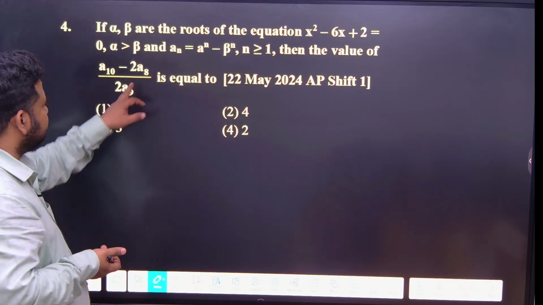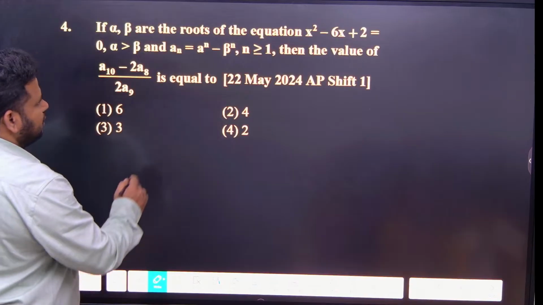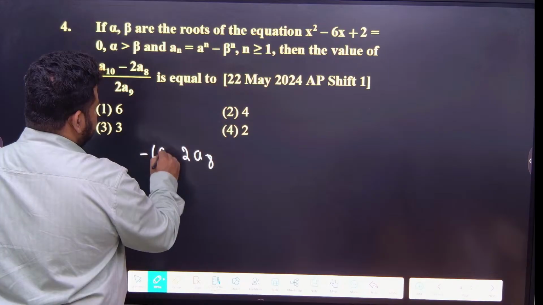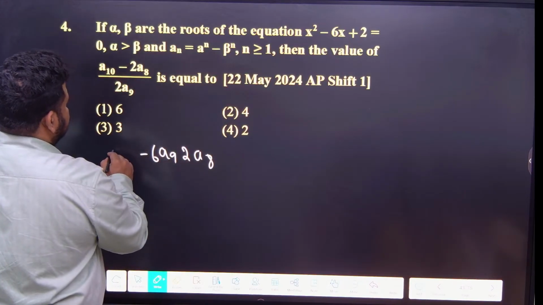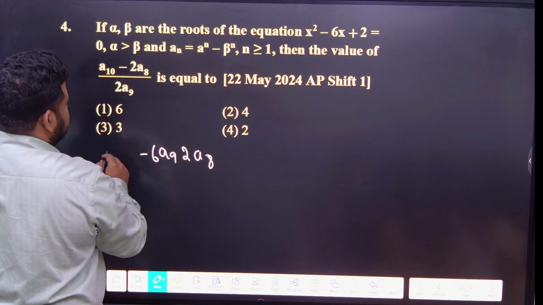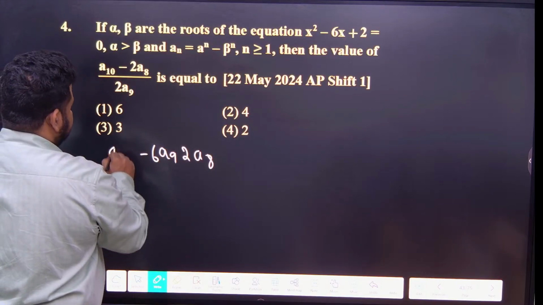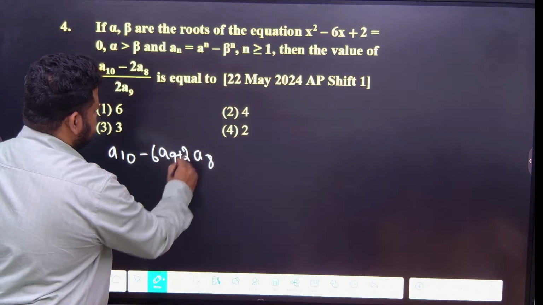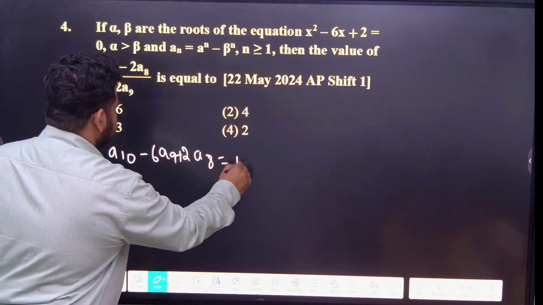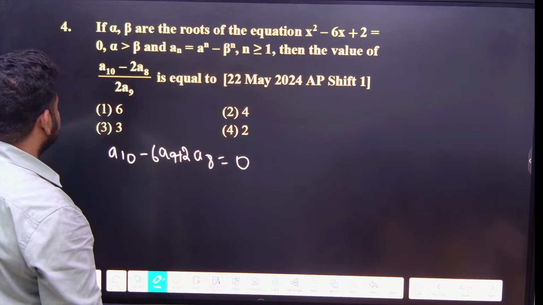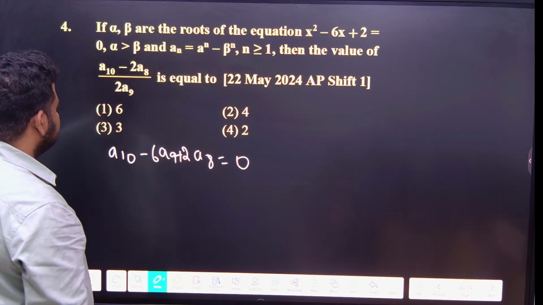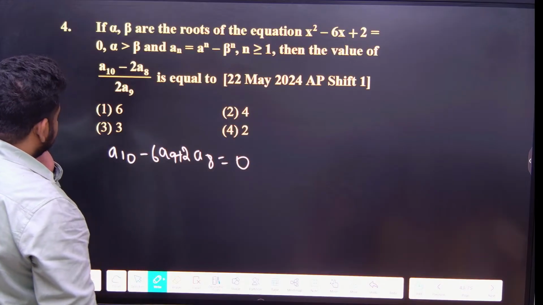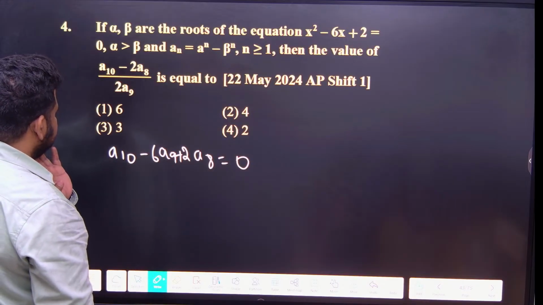So here, what is the least value, a8, so that I should put for what? So 2 times a8 minus 6 into a9, this is x square, that means I should write a10, correct? This should be plus 2 is equal to 0. a10 minus 2a8 they are telling, a10 minus 2a8 by, this is what they are telling.